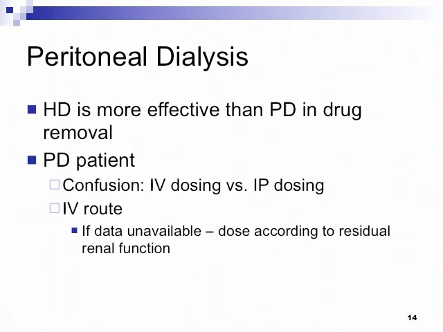And here's the trick. There's not much data regarding peritoneal dialysis dosing. That's a problem. So in that case, if you cannot use the IP route, then you have to use the IV route. If the data is not available, then what would you do? Then you want to look into the residual renal function and go by that.